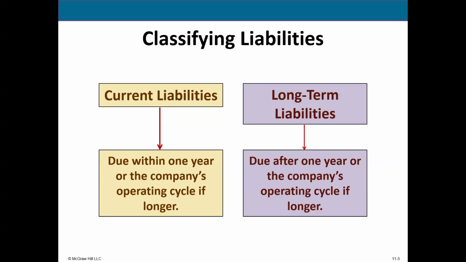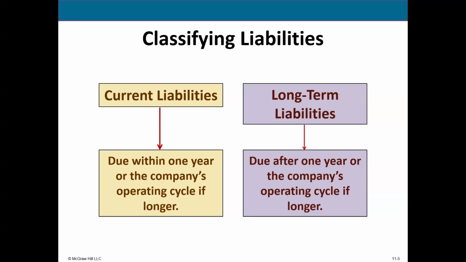Another current liability that most companies have and individuals have is called taxes payable. Taxes payable are generated by sales tax, so it'd be sales tax payable or income tax payable for individuals, right? So we have taxes payable that is a current liability.